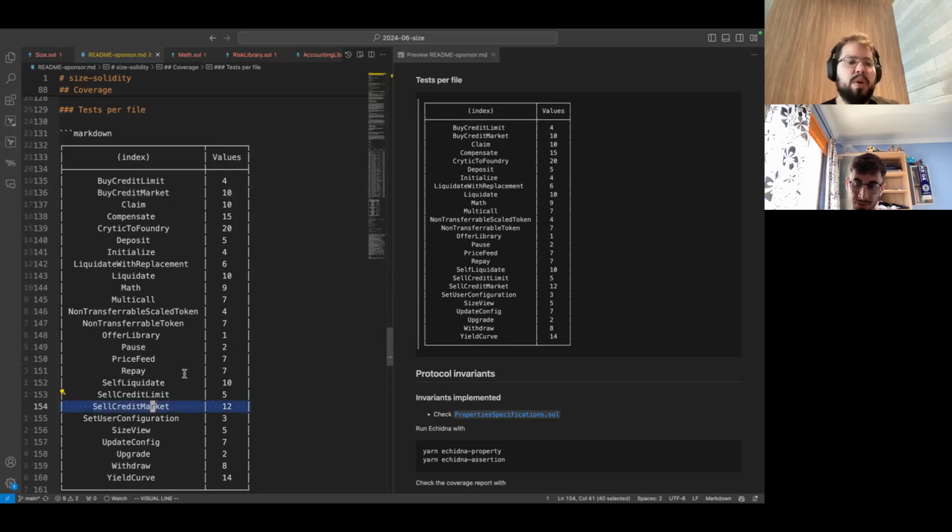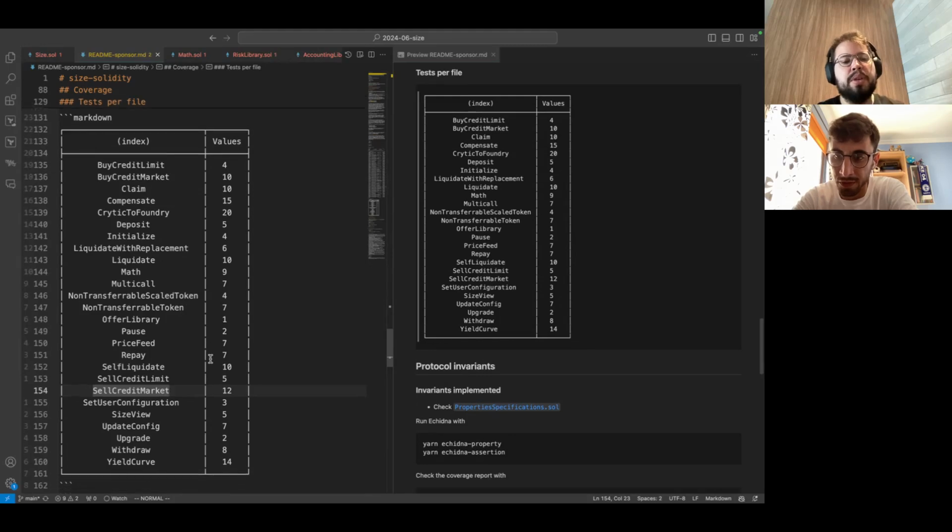And then we have 12 tests for the borrower market order. And I think this is useful because you can see your test coverage from the point of view of different functions, and not only from the lines or branches that your tests are covering.